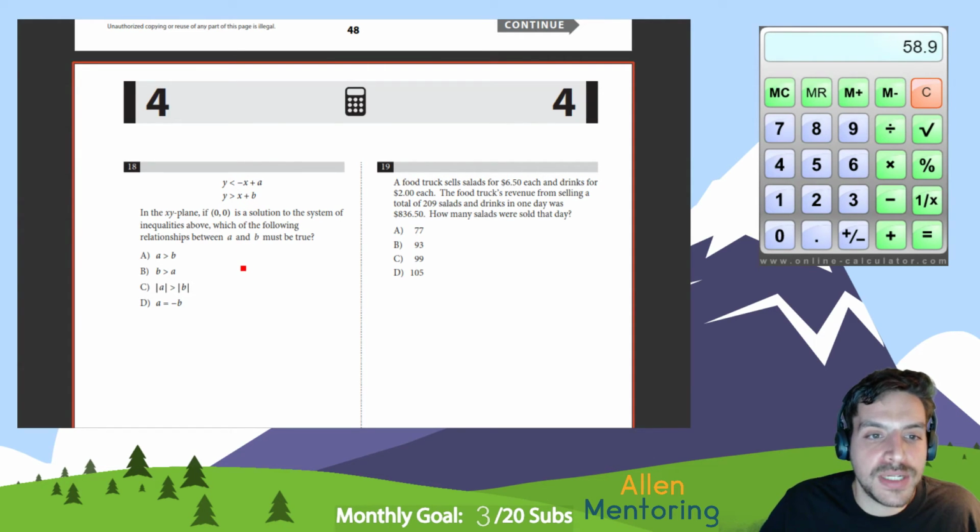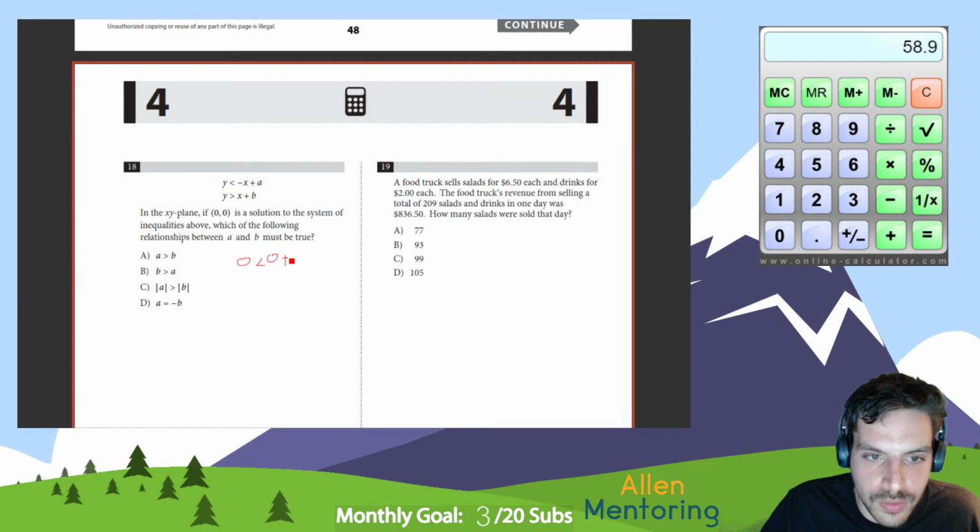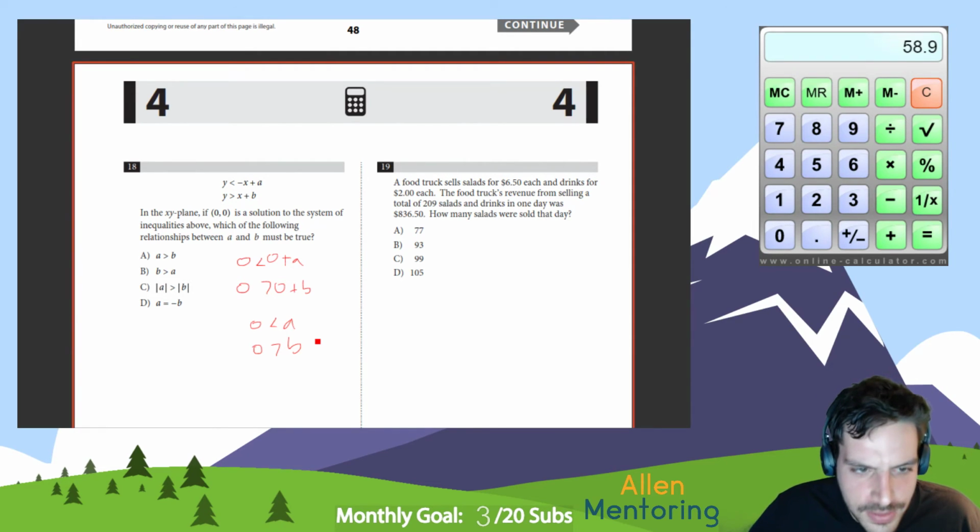So we can basically rewrite this as 0 is less than 0 plus a, and 0 is greater than 0 plus b. If we simplify this, all it's saying is 0 is less than a, and 0 is greater than b. So now let's not mess this up.